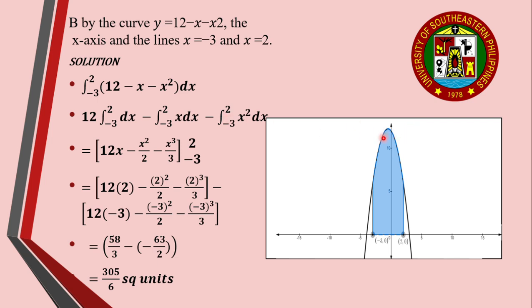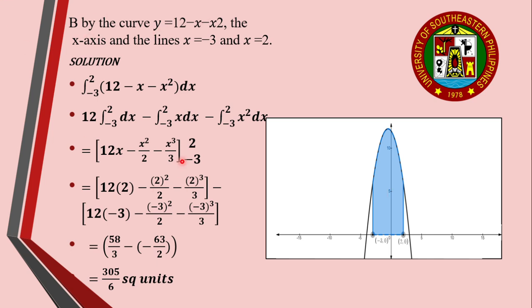So what we're going to do now is to find, this is the graph right here, and then we have the interval from negative 3 right here and 2. And what we're going to do is to find the area in this shaded region of color blue.